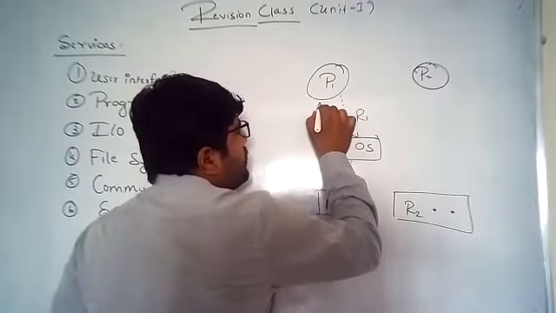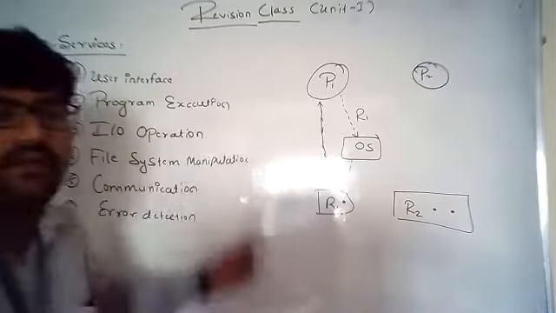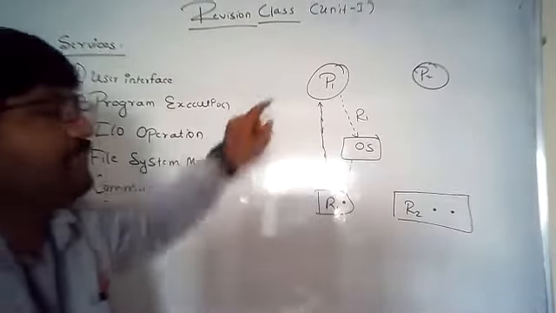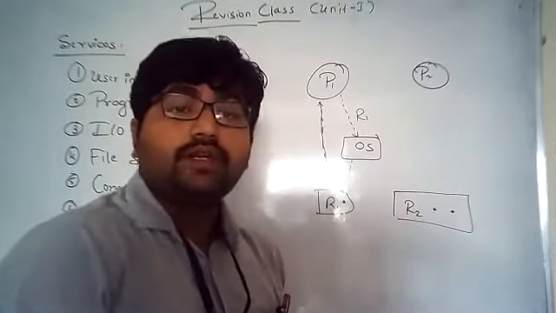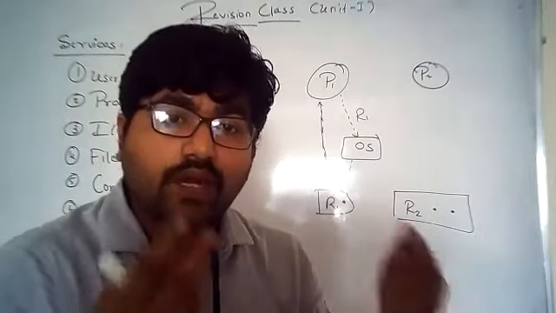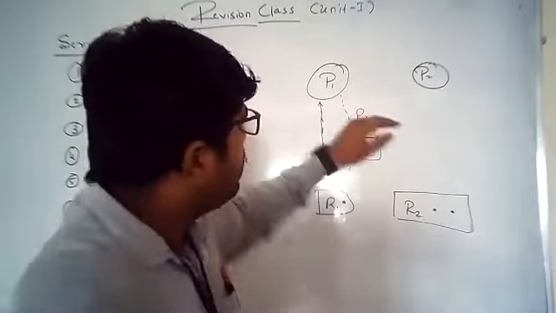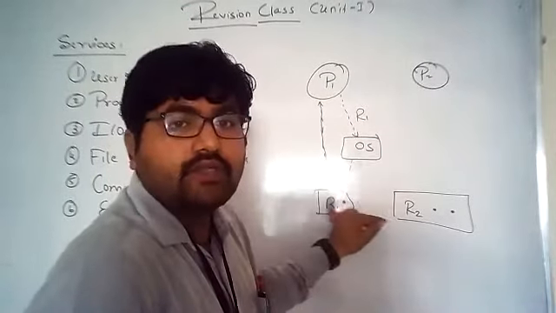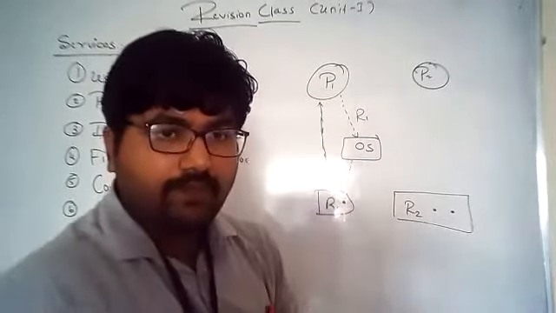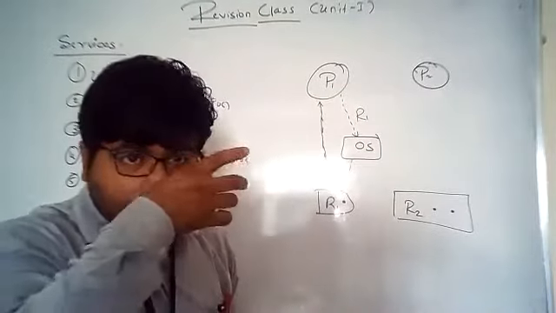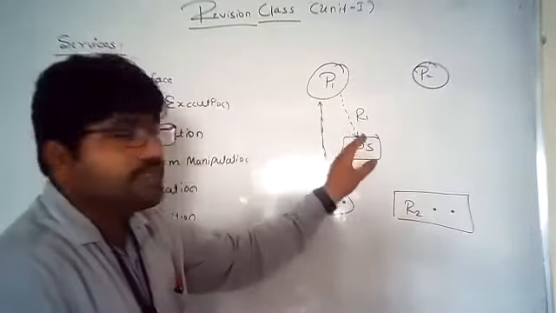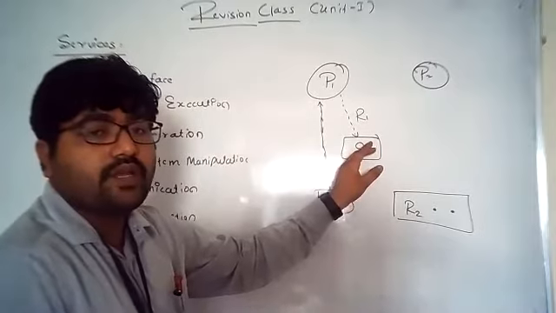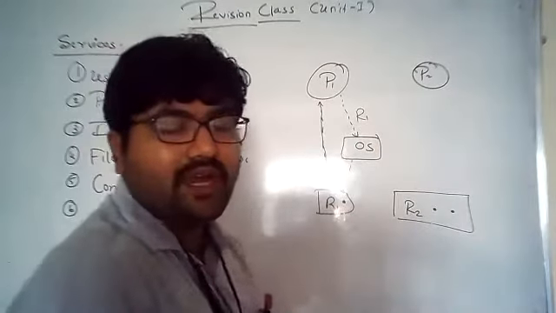What did the OS do here? P1 requests the resource, then that resource is allocated to the process. The OS got the request for resource allocation and the resource will be allocated.